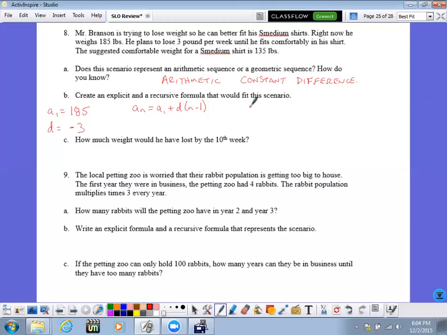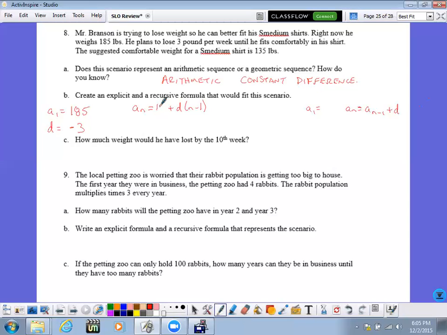And then with your recursive formula, you list out your first term. And then all you're going to have is a sub n minus 1, so your previous term plus your common difference. So I'm going to use these and just erase what I need. Right here, I know my first term.